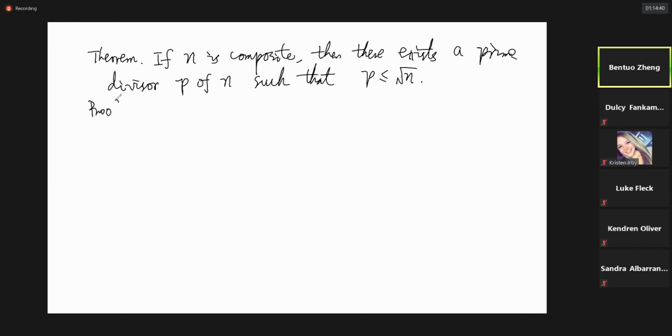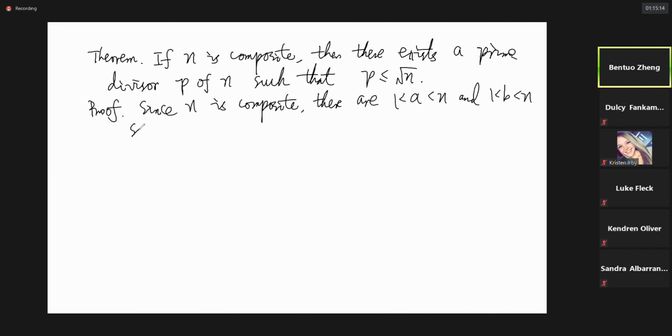Okay, so let's look at the proof. So we will use the theorem proved earlier. Since n is composite, there are a between 1 and n, and b between 1 and n, so that n is equal to a times b.